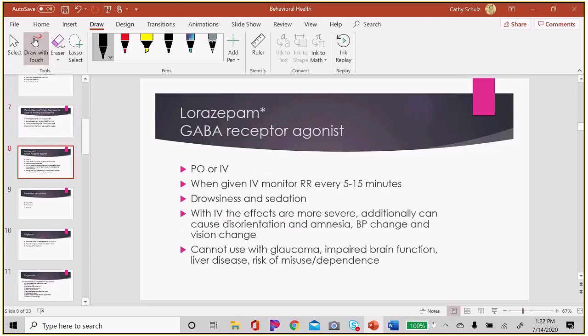So if we're talking about a benzodiazepine that is supposed to help with anxiety or sleep, our prototype is Lorazepam, which is Ativan. There are many benzodiazepines. They all end with PAM.